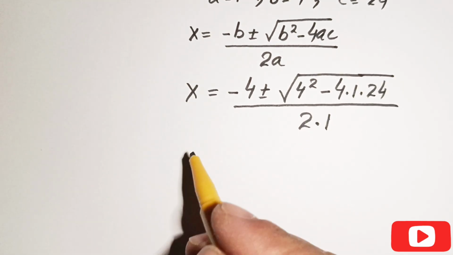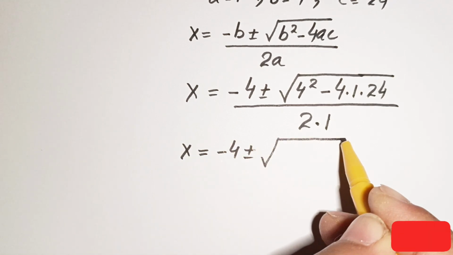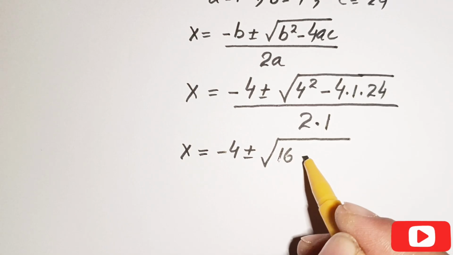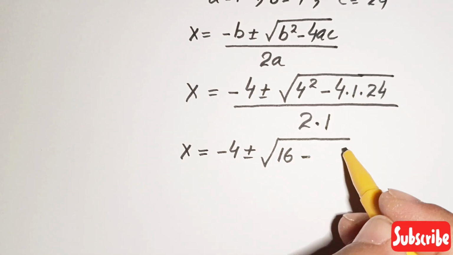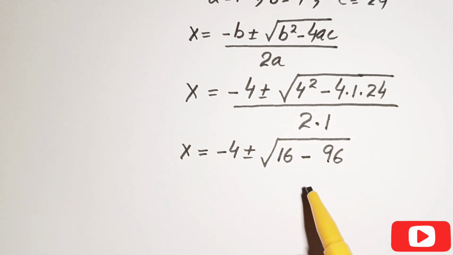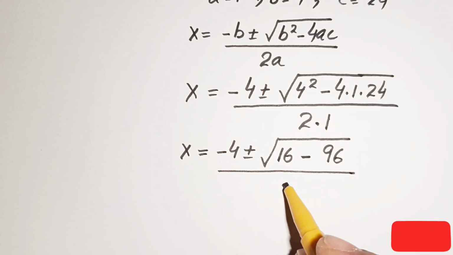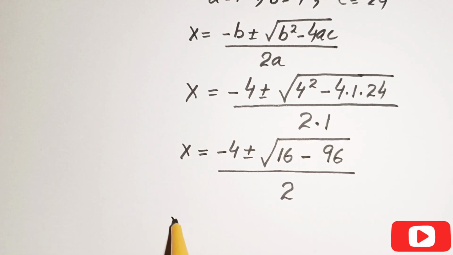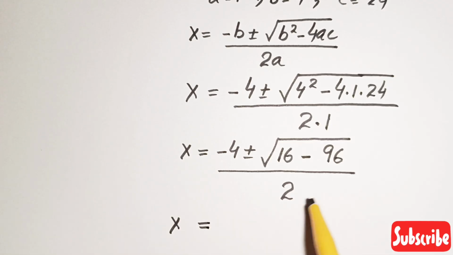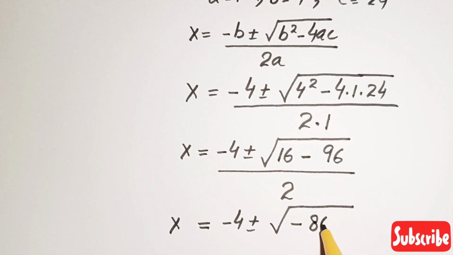Now our next step: x is equal to minus 4 plus minus the square root of 4 squared, which is 16, minus 4 times 24, which is 96, then all over 2 times 1, which is 2. So x is equal to minus 4 plus minus the square root of 16 minus 96, that is minus 80, all over 2.